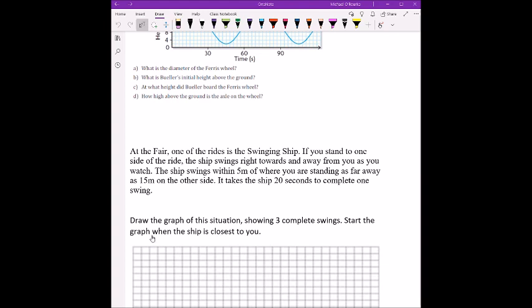So this is a swinging ship ride as it goes back and forth. You can picture that. There's one at Canada's Wonderland for sure.